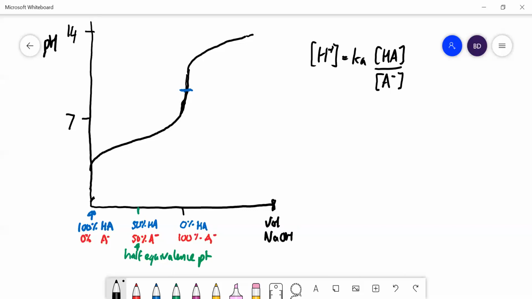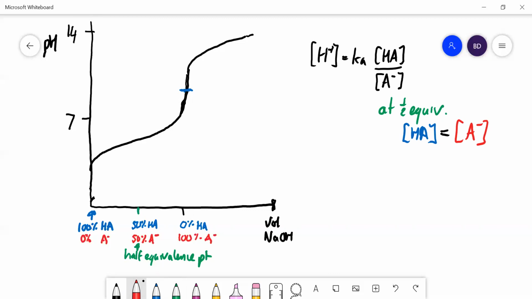Okay, so now at the half equivalence point, what can we say about the concentration of HA? It is equal to the concentration of A minus. Okay, we've got 50% of each one.